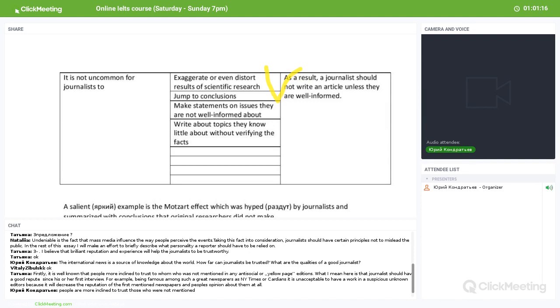What I mean here is that journalists should have a good reputation, not repute, since his or her first interview.